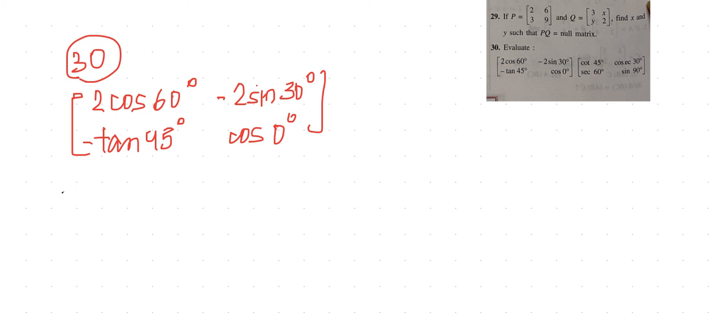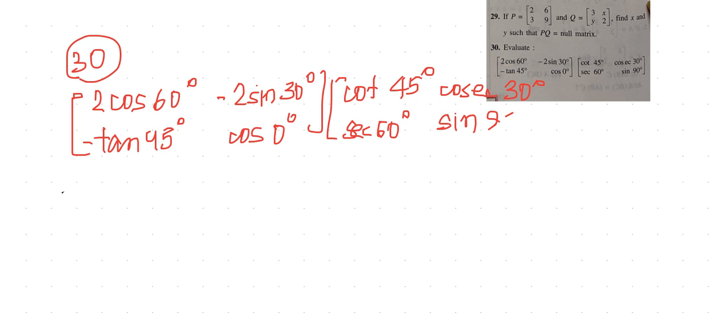Okay, and this is being multiplied to another matrix whose values are cos 45 degrees, cosec 30 degree, sec 60 degree and sin 90 degree. Okay, children, so it's clear that if you want to solve this particular question, you should be knowing the trigonometric values. So how much is cos 60, children?